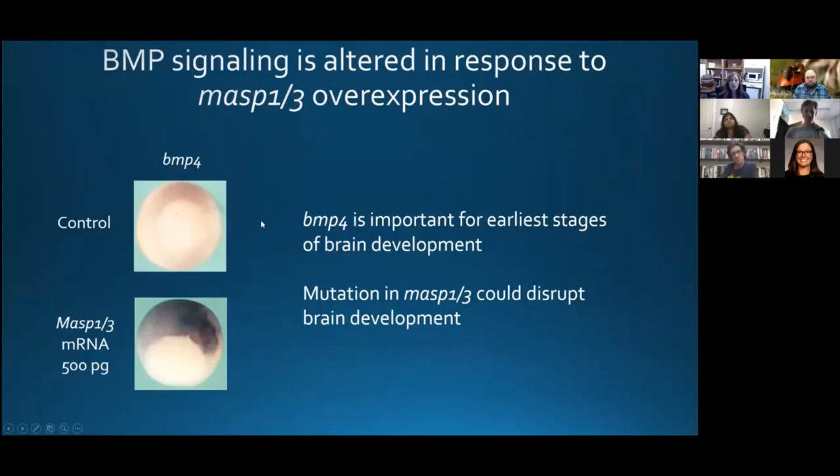And BMP4 is known to be really important for the earliest stages of brain development, and the proper expression levels of BMP4. So again, this goes with our other data that MASP1-3 may be really important for early brain development, and so mutation within this gene could disrupt that brain development, and that could be the cause of the cognitive impairment phenotypes that are seen in the 3MC syndrome patients.